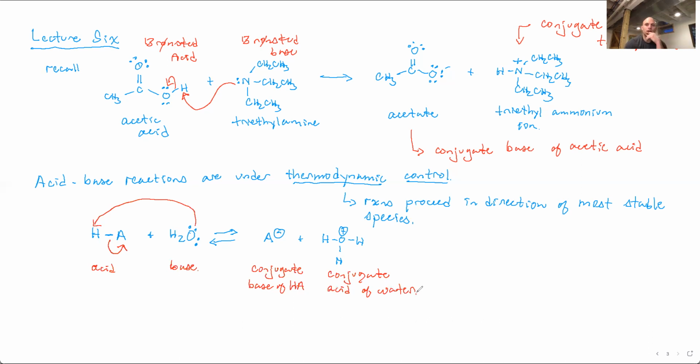Okay. And H3O plus comes up quite a bit because anytime you put any sort of acid into water, this reaction is going to proceed to some extent. The degree to which it proceeds or does not proceed will depend on the relative stability of the products and the starting materials.